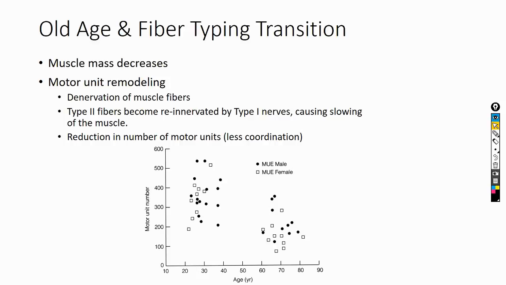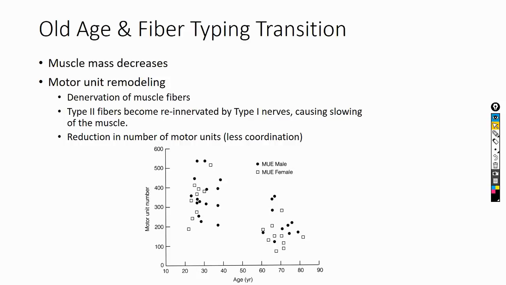Type 2 muscle fibers will lose their nerve, the nerve that's kind of talking to it. Type 2 muscle fibers, more so than type 1s, will lose that, and a type 1 fiber or neuron that's close will go and innervate it.